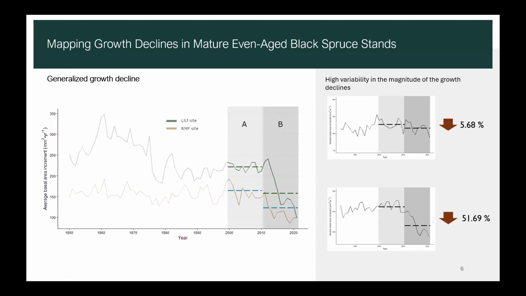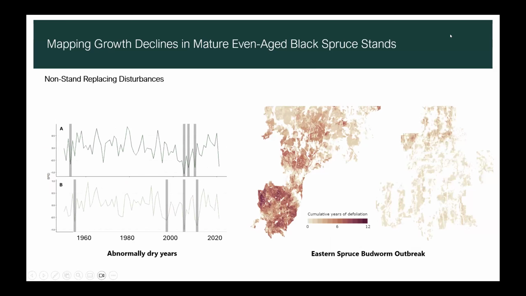Of course, this decline was not present in all of the plots. Some of them had only modest declines, and some others had really pronounced growth declines, up to 50 or even 60% decline in growth rate at the plot level. So we tried to understand what happened there, looking at non-replacing disturbances or stresses that could have occurred in these two sites.